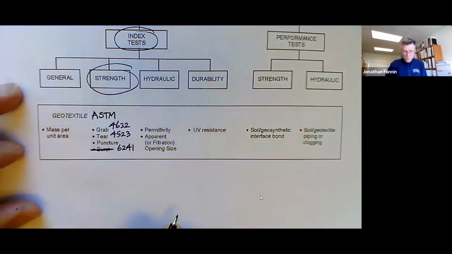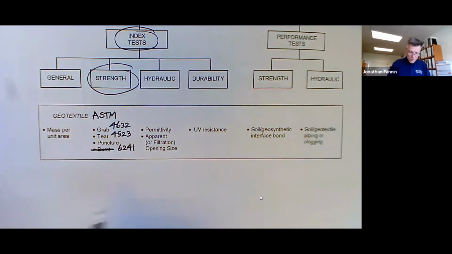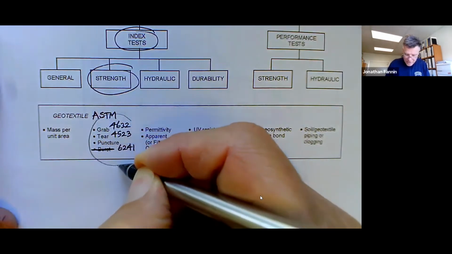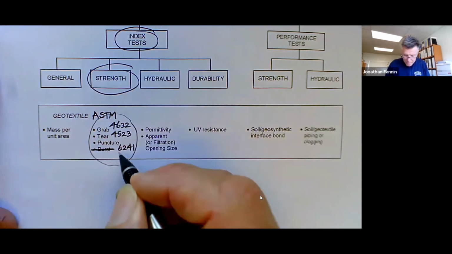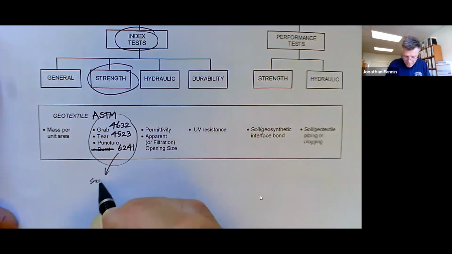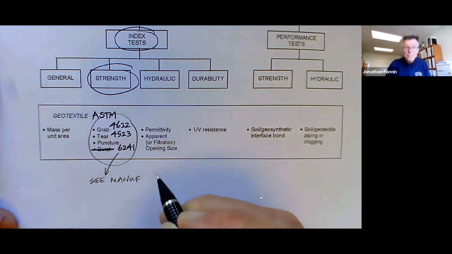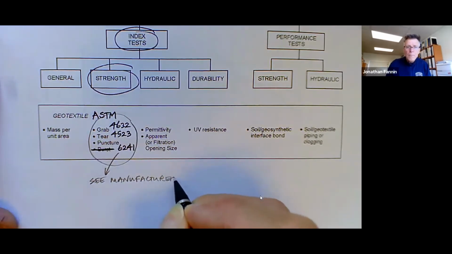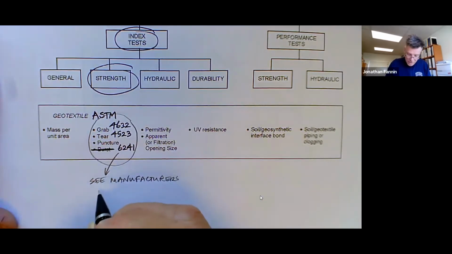And you know what? You could go to manufacturers' data sheets and just pick those off. And in fact, as we acknowledged, I think it was back when we were dealing with the resource access roads, see manufacturers' technical data sheets.